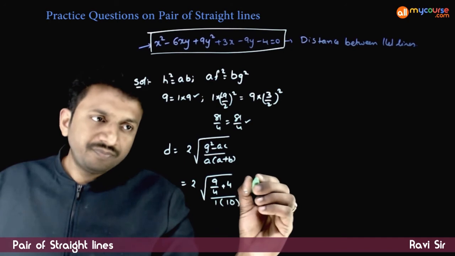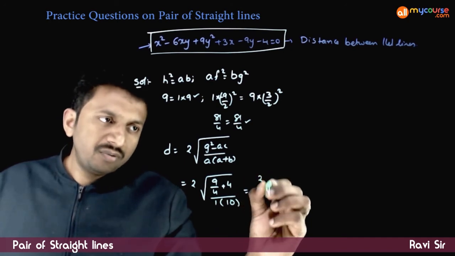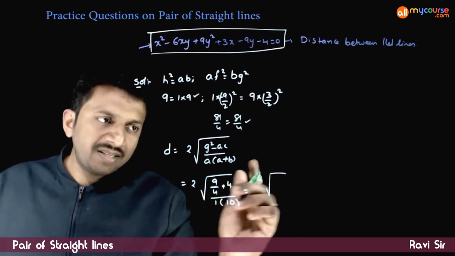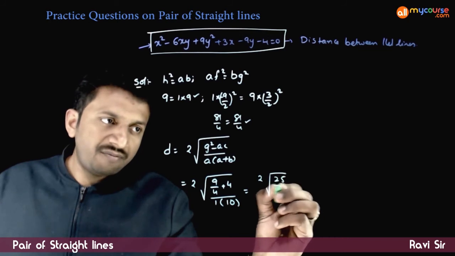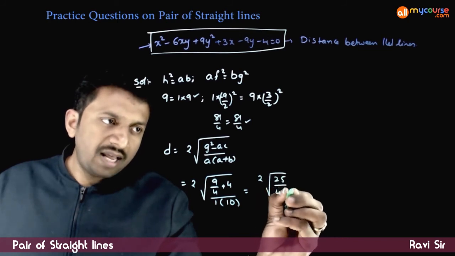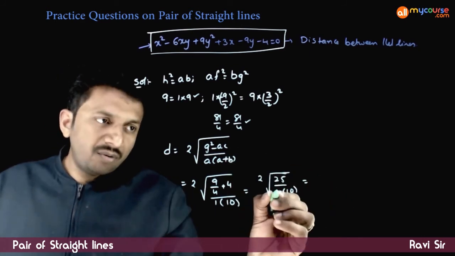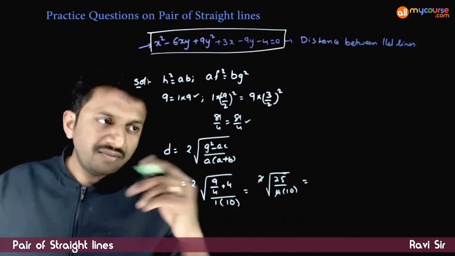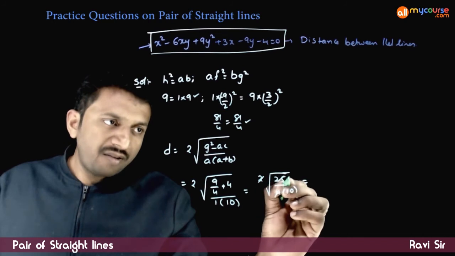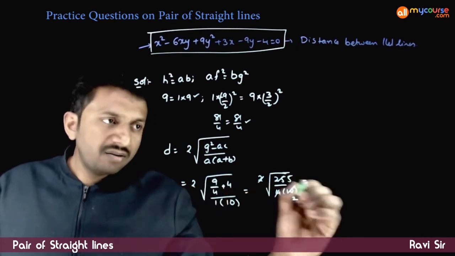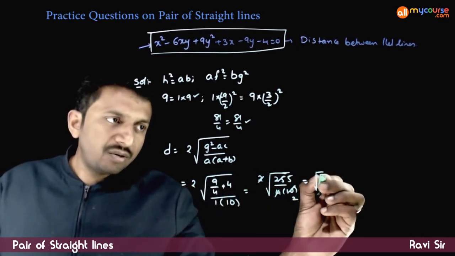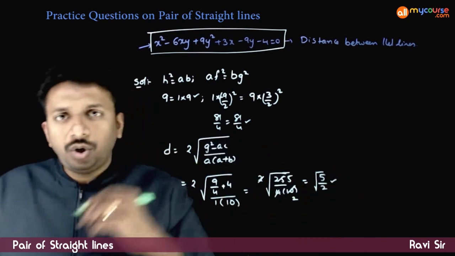That is equal to 2 into root of (9 plus 16 is 25) by 4 times 10. That is equal to root 4, and the 2 gets cancelled. So the answer is root of 5 by 2 units.